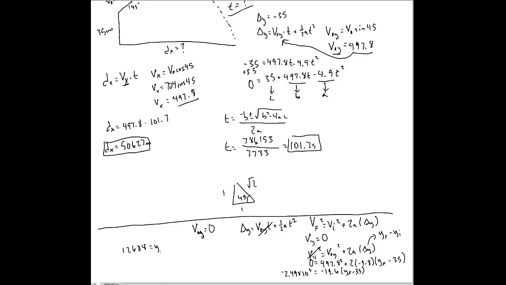That equals y final minus 35. Last step, add 35 to both sides, and you get a final answer of 12,723 meters. And that is my y final, or the max height attained by this projectile.